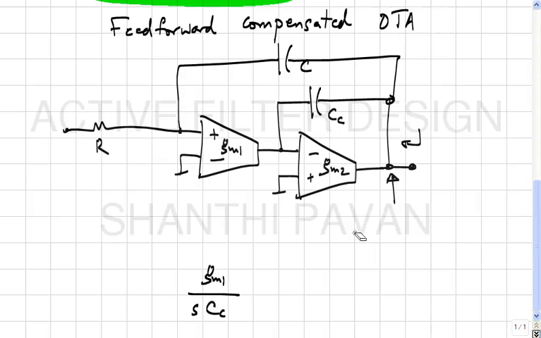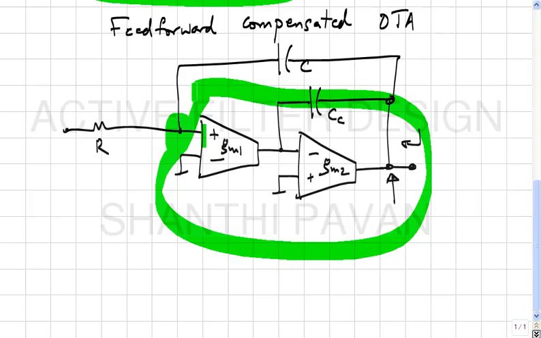All right, so let's try and get this straight. Can you comment on this potential? Ideally, what do you want that to be? Ideally, if this OTA had an infinite GM, then the so called virtual ground voltage would truly be 0, right.